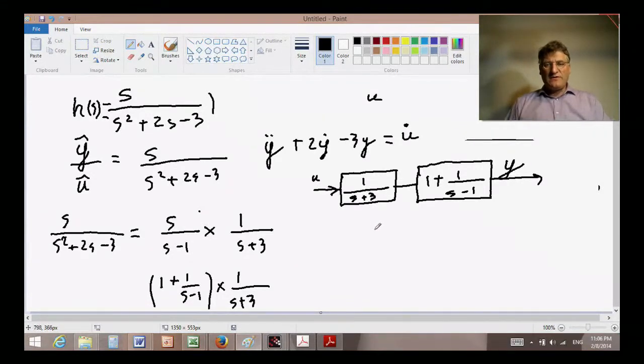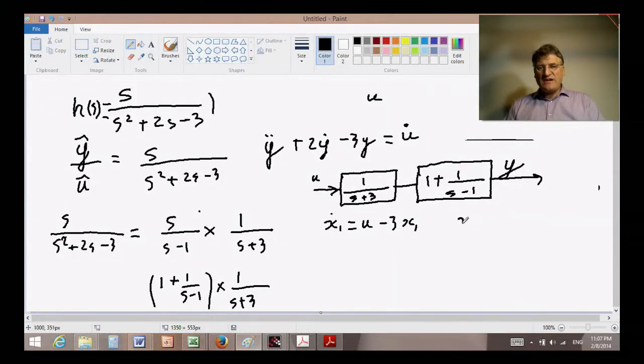So what happens? Well, this guy has an obvious state space representation: x1 dot is equal to u minus 3x1. This one has a state space representation which is the sum of this term and this term. This term is a feed-through term. This term is a regular term.